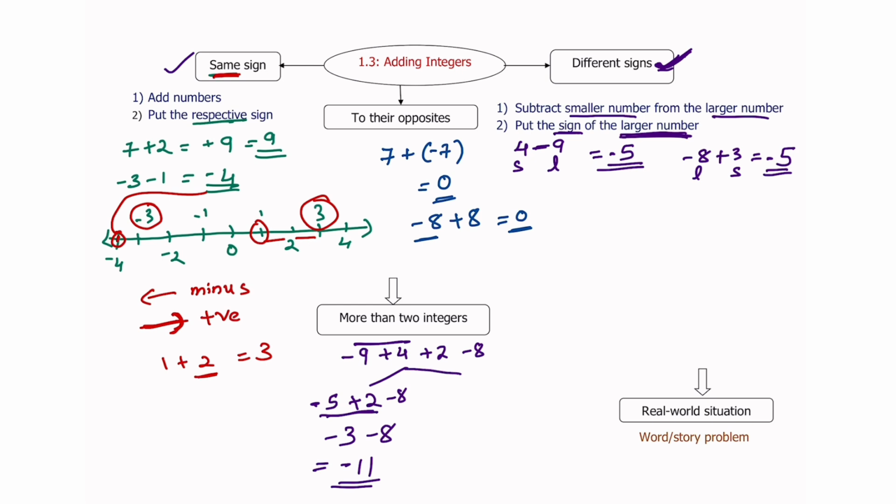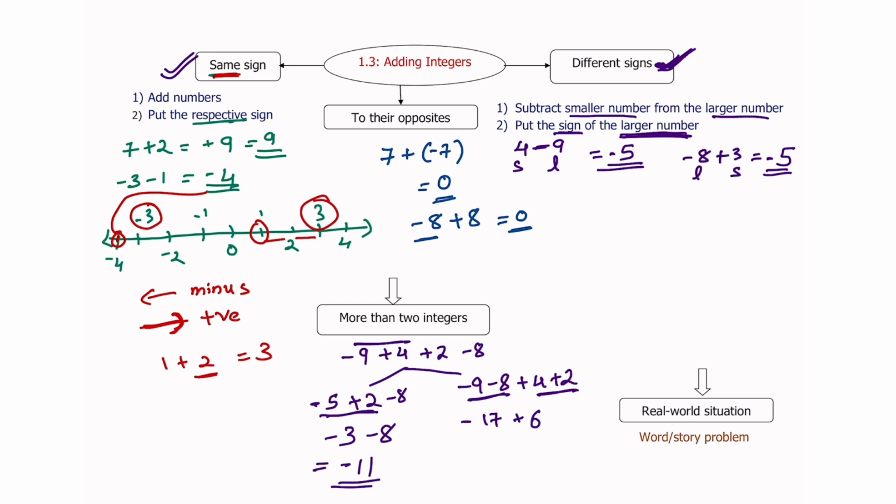Or the other way could be, I put all my negatives together here and I put all my positives together. So I'm just categorizing them. I'm going to do this together and this part together. Both are the same sign. 9 and 8 gives us 17 and the respective sign, which is minus. 4 and 2 gives us 6 and the sign is going to be plus 6.